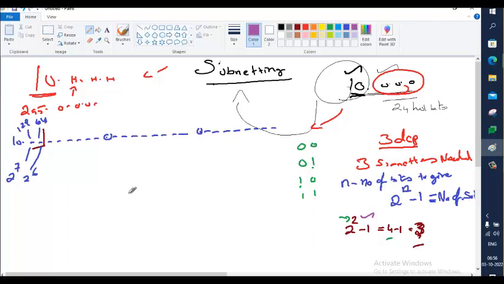If you want, I can explain one more time. Let me put it like this: 1, 2, 3, 4, 5, 6, 7, 8. So these are 8 bits. The first place is 2 to the power of 0 because it's binary. Then 2 to the power of 1, 2 to the power of 2, 2 to the power of 3, 2 to the power of 4, 5, 6, and 7.